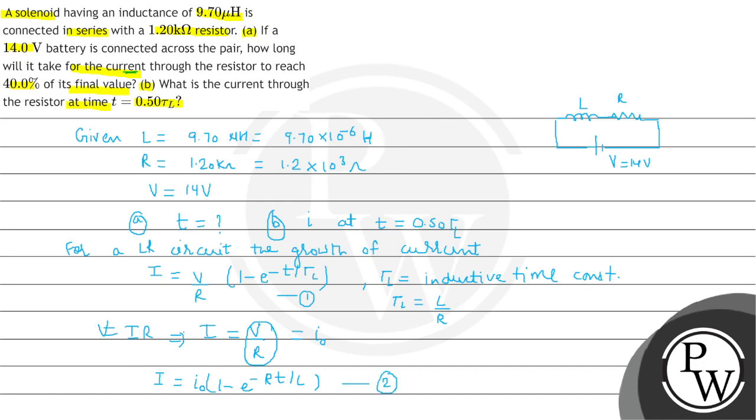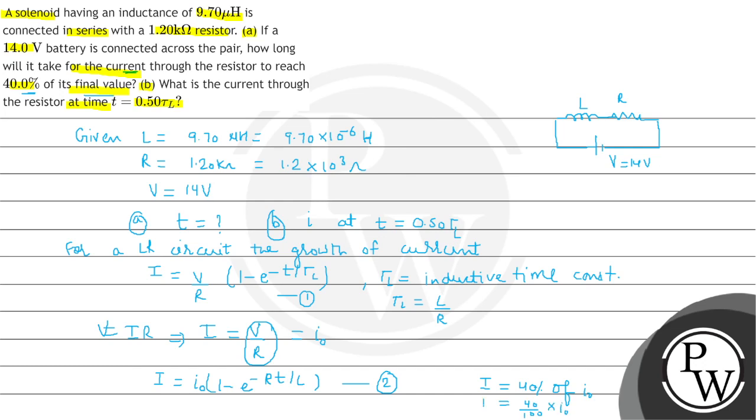Now according to the question, the value of I is 40% of the final value. That means I is equal to 40% of I naught, which is 40 by 100 multiplied by I naught.